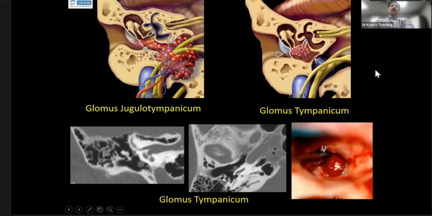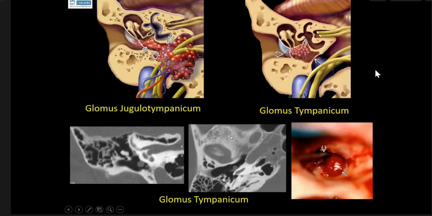What is the concept? Glomus tumors are chemoreceptor cells along the carotid sheath. So please remember they are in the carotid space. Now the location can be in head and neck, there can be 4 different locations. When it is at the bifurcation of the common carotid artery into internal and external carotid artery, we call it a carotid body tumor.